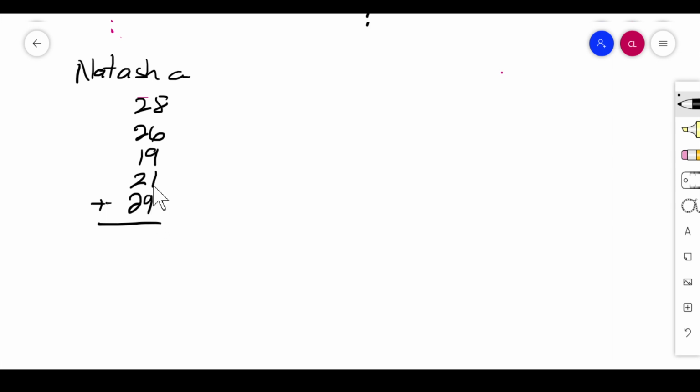9 and 1 would be 10, 10 and 9, 19, 19 and 6 would be 25, 25 and 8 would give us 33. If we have 33, we write 3 and carry 3. Then we could say 2 and 2, 4, 4 and 2, 6, 6 and 1, 7, 7 and 2 would be 9, 9 and 2, 11. I'm missing something.